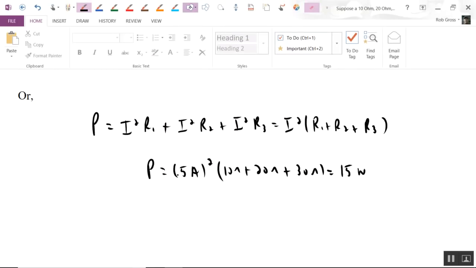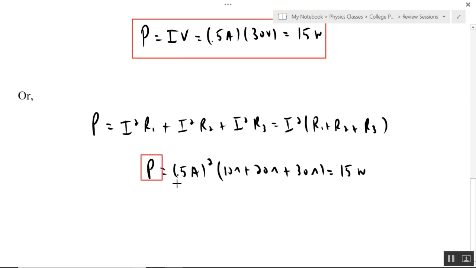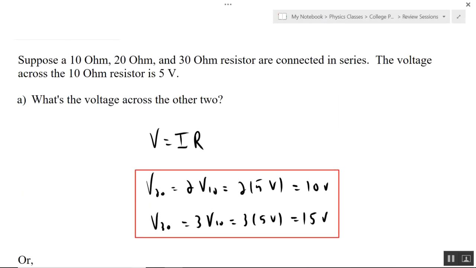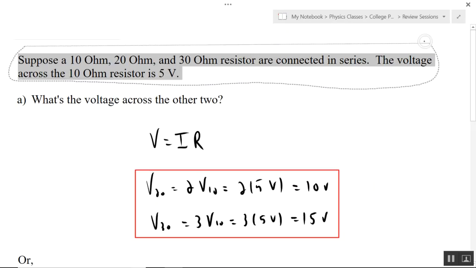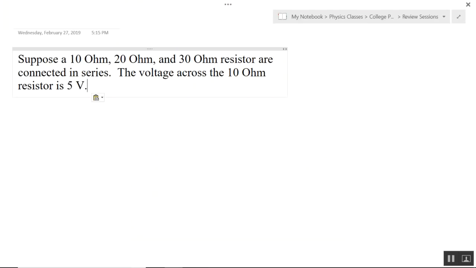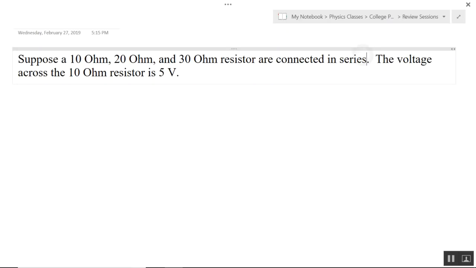But let me give you another problem like this with a parallel connection, and then you can ask me another question if you want. So I'm going to change it a bit, but for parallel. The same resistors, which might not work out so nicely in parallel, are connected in parallel.